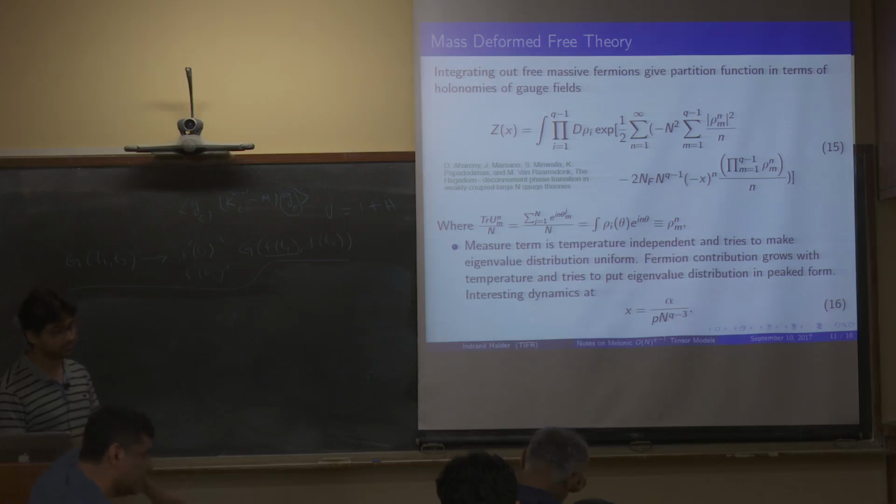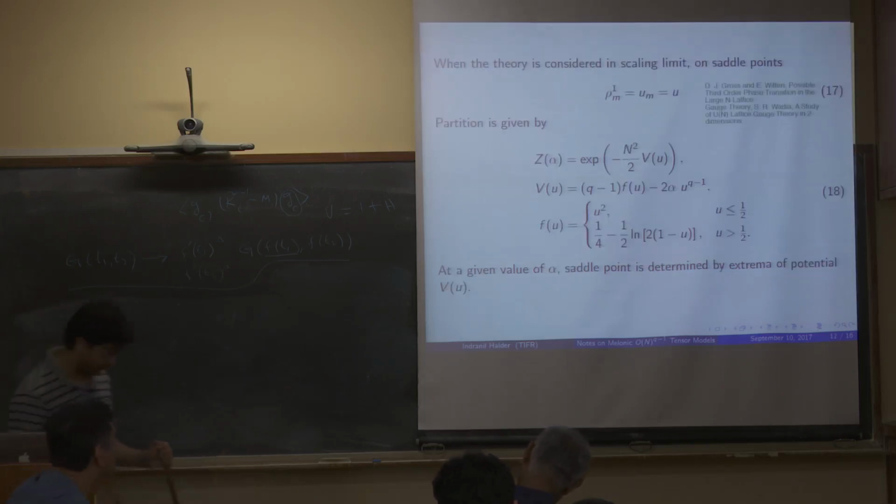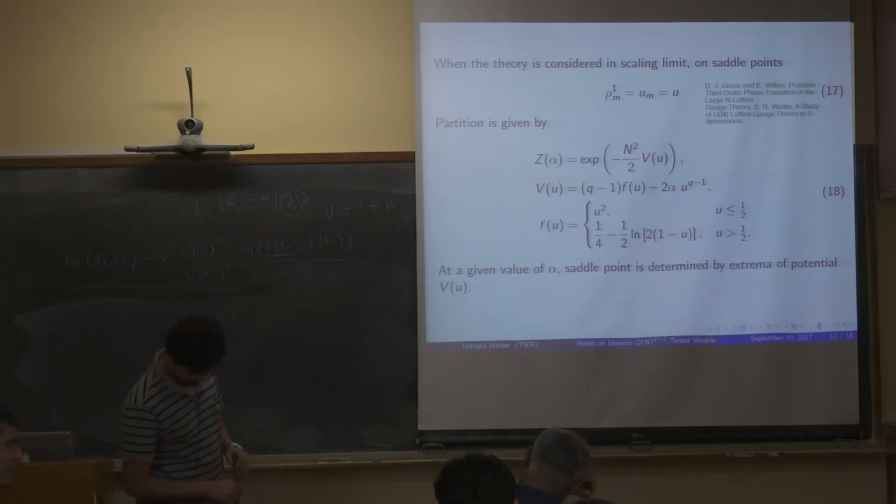So you get a term in the potential that is rho to the power Q minus 1. So although you get a Gross-Witten type equation, it's for an effective coupling constant which itself is rho to the power Q minus 1. So you get slightly more interesting dynamic behavior than Gross-Witten.